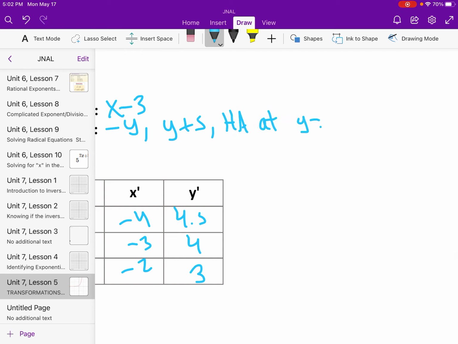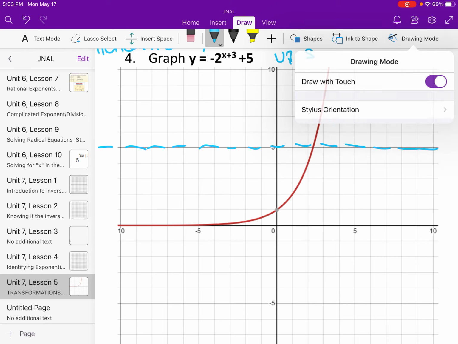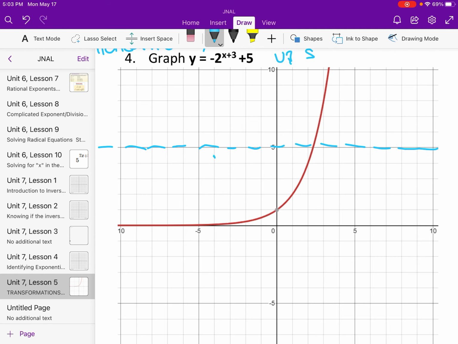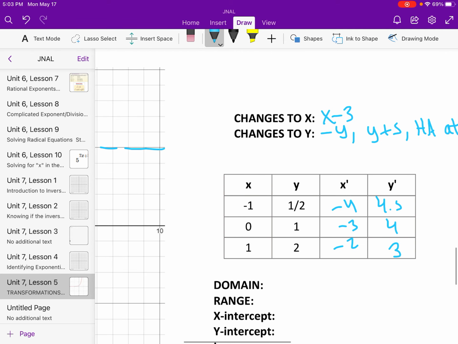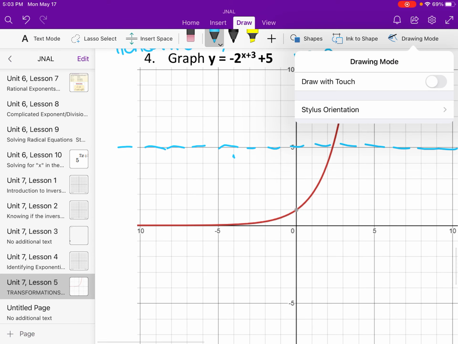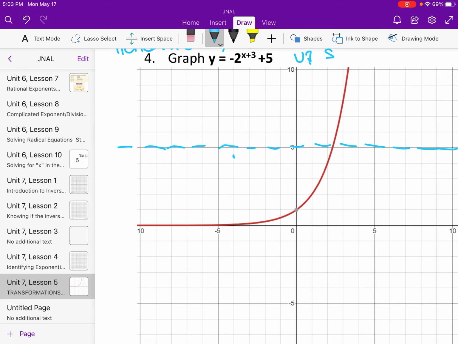So our first point was -4, 4.5. Our next point was -3, 4. And then we have -2, 3. So now we can kind of draw that out.